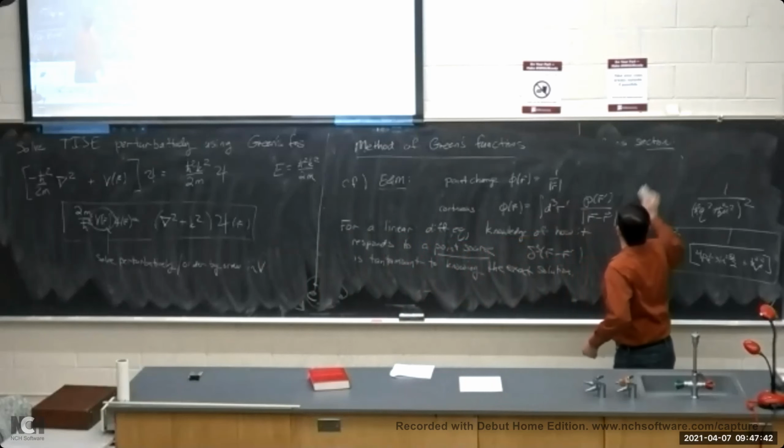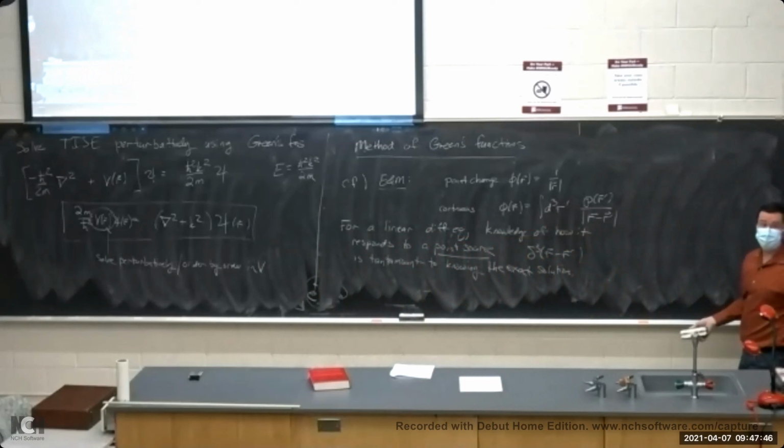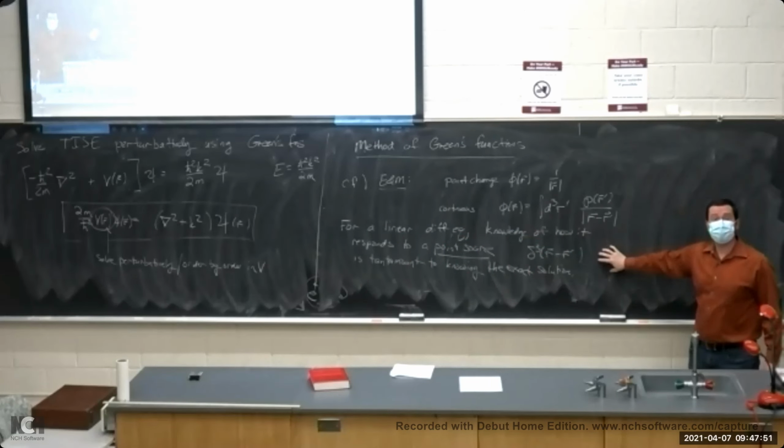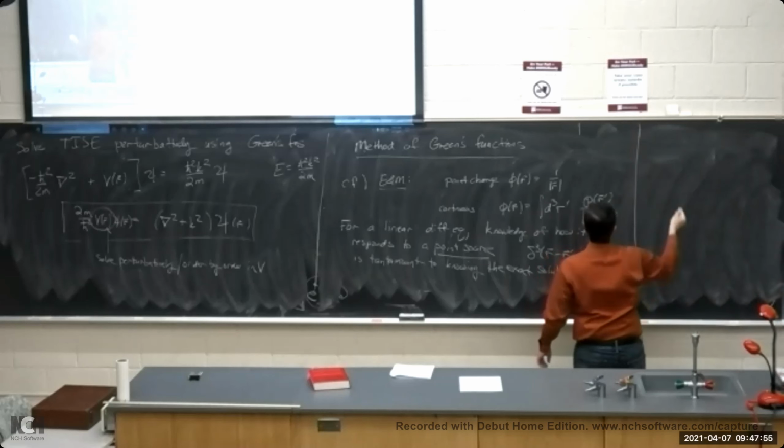So the idea is, if I have a differential equation that I want to solve, can I solve it for the response to a point disturbance? And if I know the response to a point source, then I can use that to construct the solution in general. That is what a Green's function is.